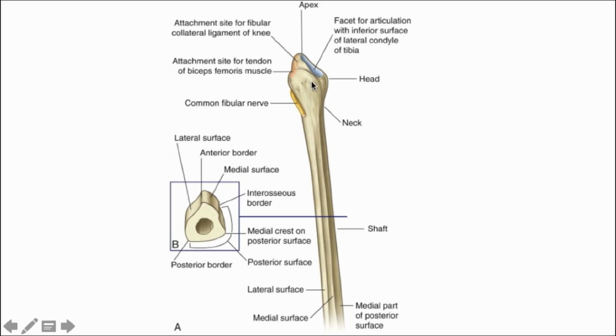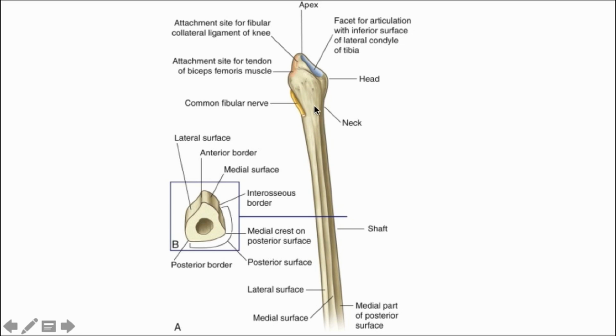The head of the fibula is a globe-shaped expansion. There's a circular facet right here on the superior medial surface for it to articulate with the tibia along the lateral condyle.